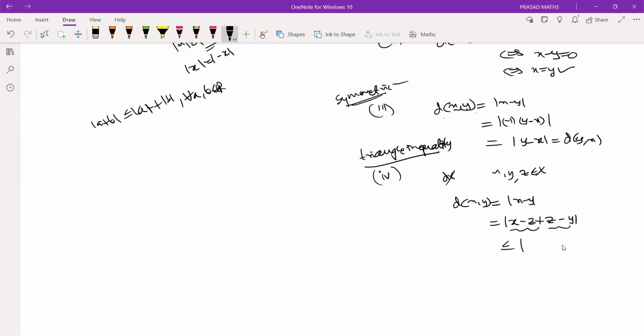By the triangle inequality, mod of x minus z plus mod of z minus y is nothing but d of x comma z plus d of z comma y. Therefore, d of x comma y is less than or equal to d of x comma z plus d of z comma y. Therefore, d satisfies the triangle inequality. Therefore, d satisfies all conditions. Therefore, d is a metric on R.